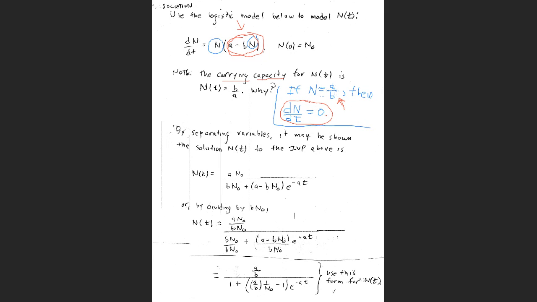That's why when N equals A over B, you've reached it. And I'm sorry, this should be A over B also. Right? Yeah, that means carrying capacity.